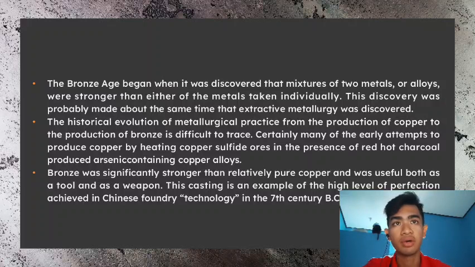A chemical analysis of the typical bronze alloy from the Asian Middle East shows that the alloy contained approximately 87% copper, 10 to 11% tin, and small amounts of iron, nickel, lead, arsenic, and antimony.